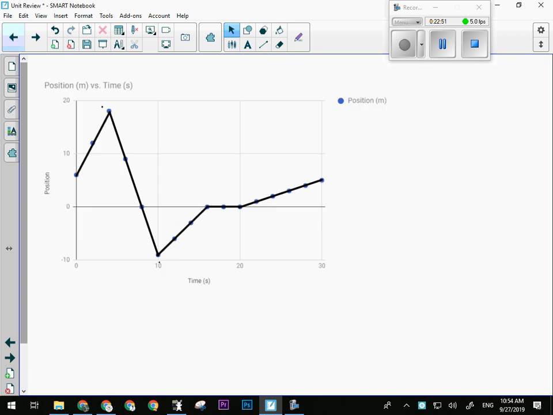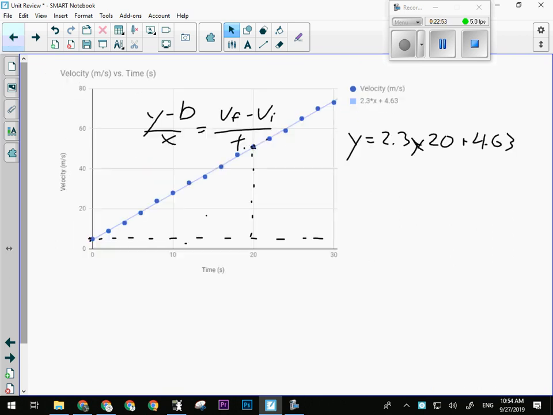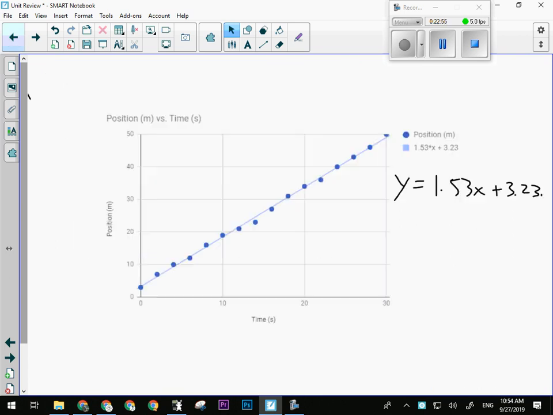Okay, just a couple of other things here, guys, because they were things that I thought you might ask about: the position versus time graphs. So if I have this position versus time graph, y equals 1.53 times x plus 3.23, the 1.53 is my slope, but what does it represent on this graph? Velocity, right?